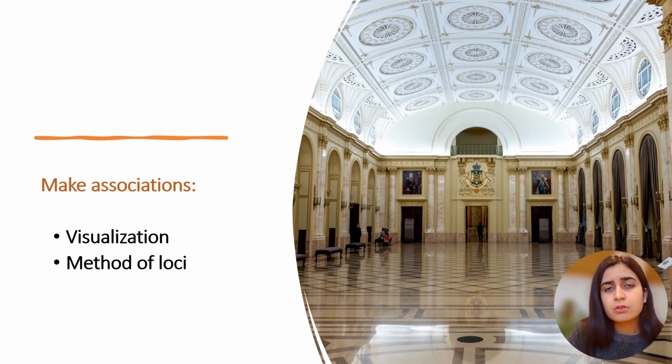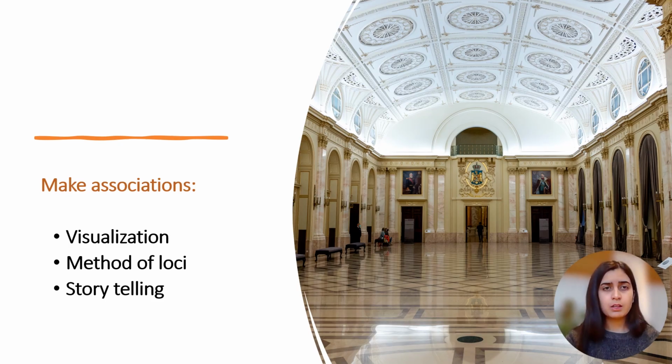Here you associate each item or piece of information with an object or a scene in rooms or along a path in a familiar location, for example, the rooms of your house or your way to work. The idea behind this method is to take a visual journey in your mind to recall the information. Both visualization and the method of loci rely on visuospatial abilities.